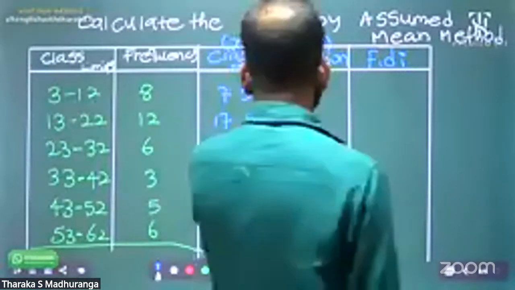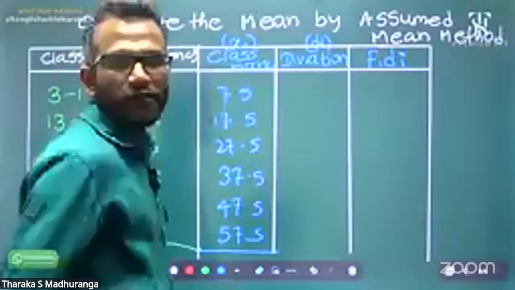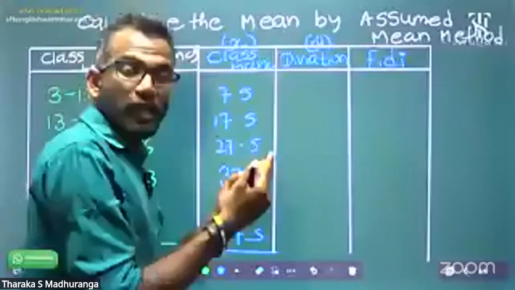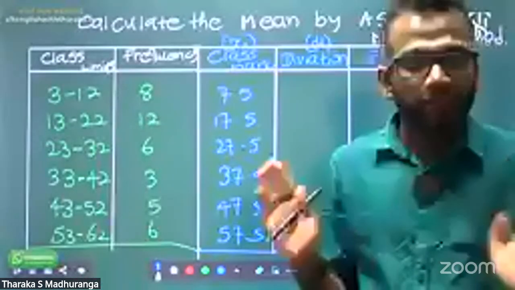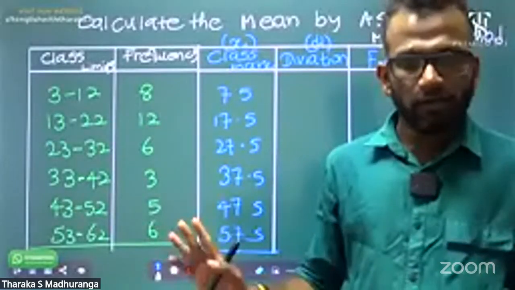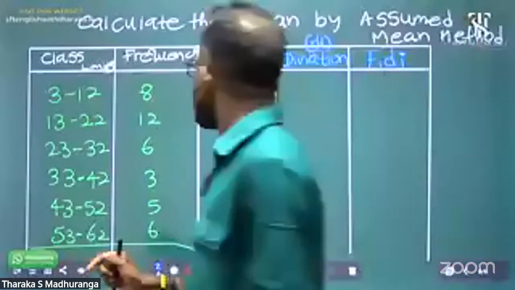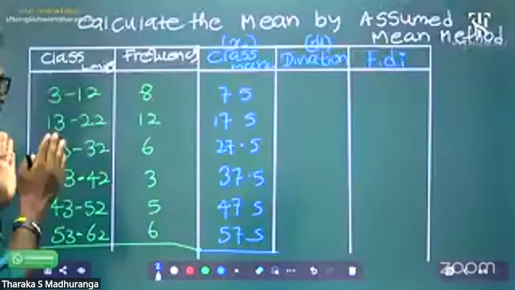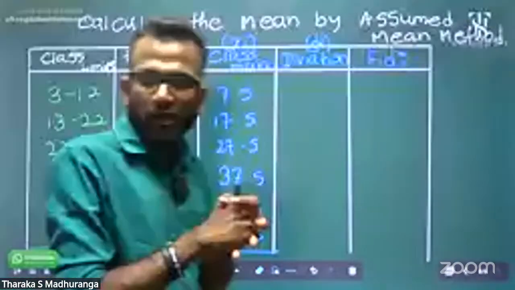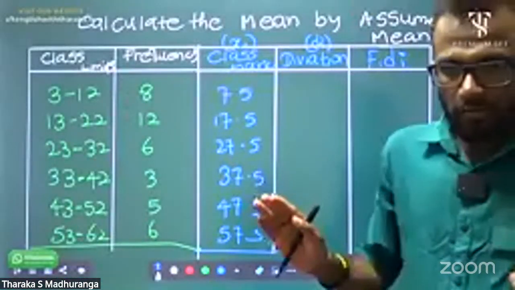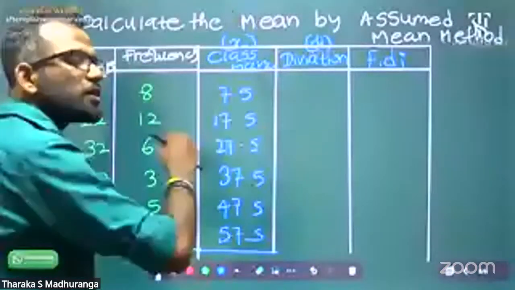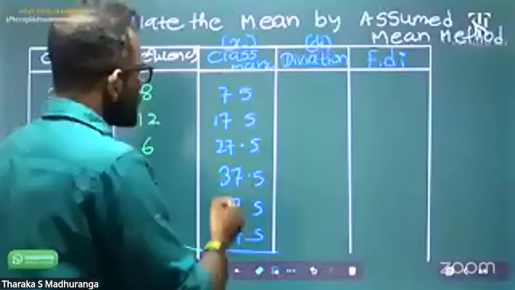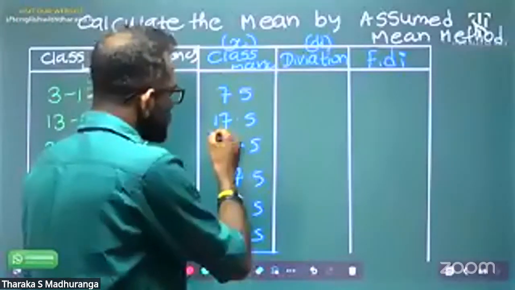The next column is the deviations. Before that, you have to select the assumed mean. In an exam question, if it is specially given, like the mode class or median class as the assumed mean, you have to select that one. If it is not specially mentioned, you can select your preferred assumed mean.